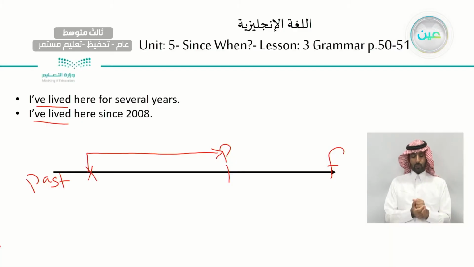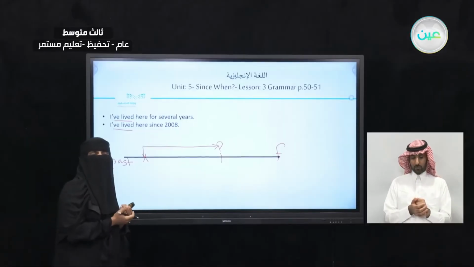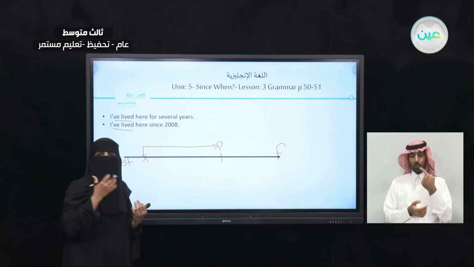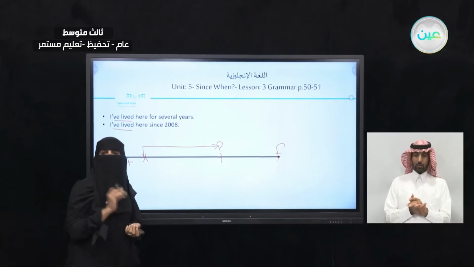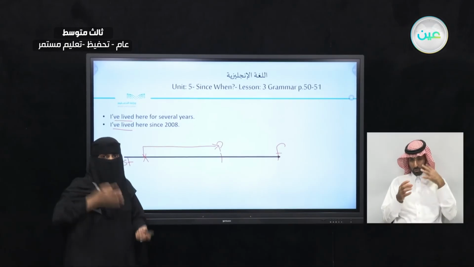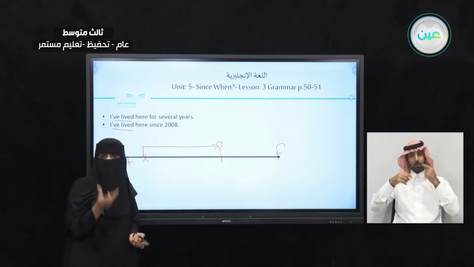We're talking about our experiences in the past, but we don't mention the time, and the effect may continue. For example, when you're talking about your experience in general, I have seen the snow. That means in the past you had the experience of seeing it.